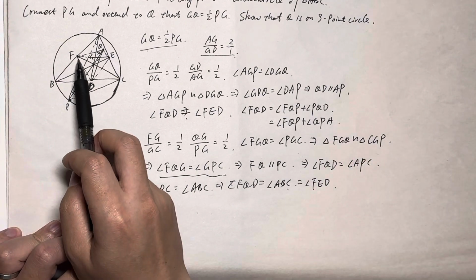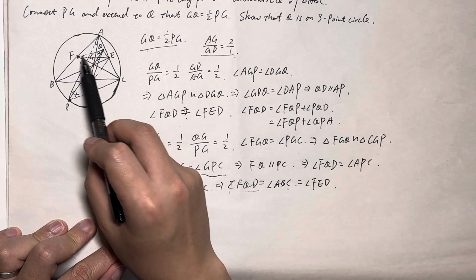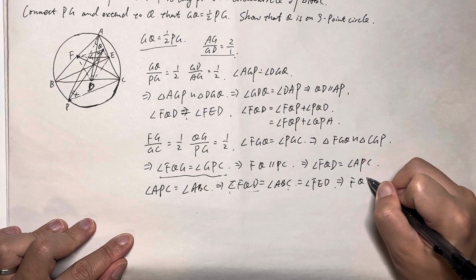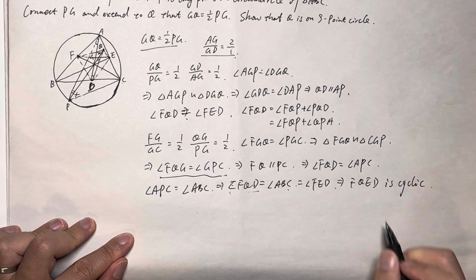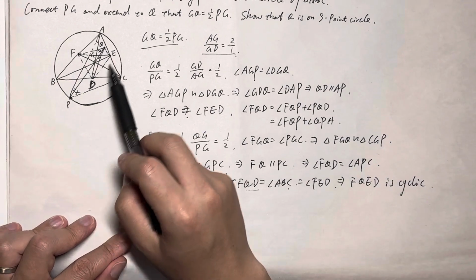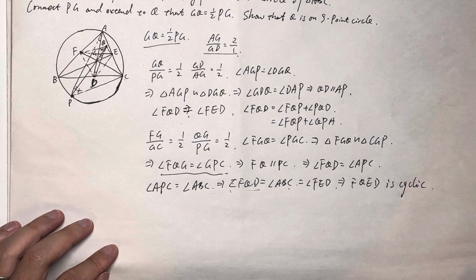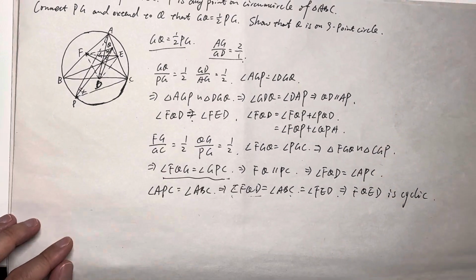Now we can see that angle FQD equals angle FED, so FQED is cyclic. Because the circumcircle of FDE is the 9-point circle, we know that Q is on the 9-point circle.